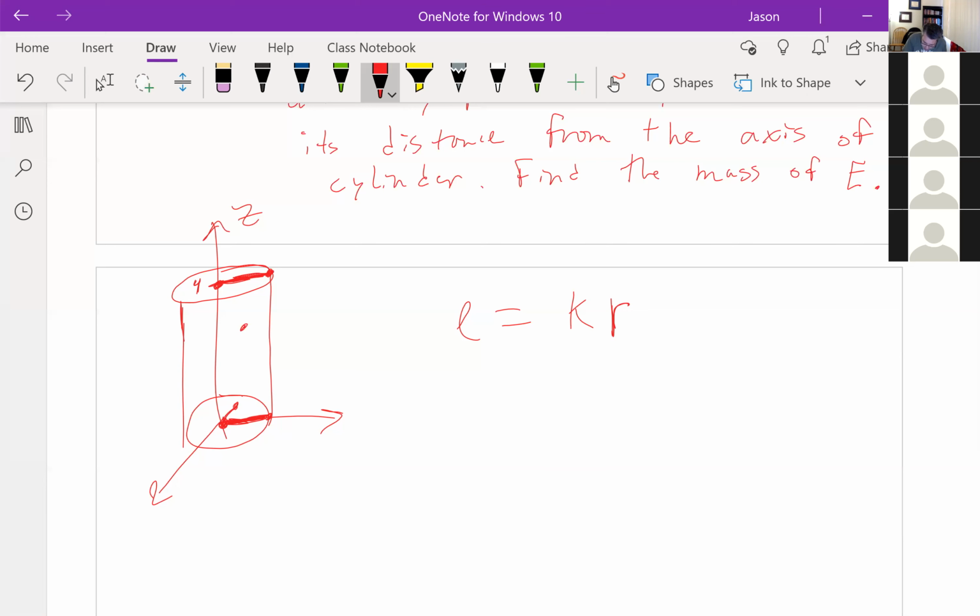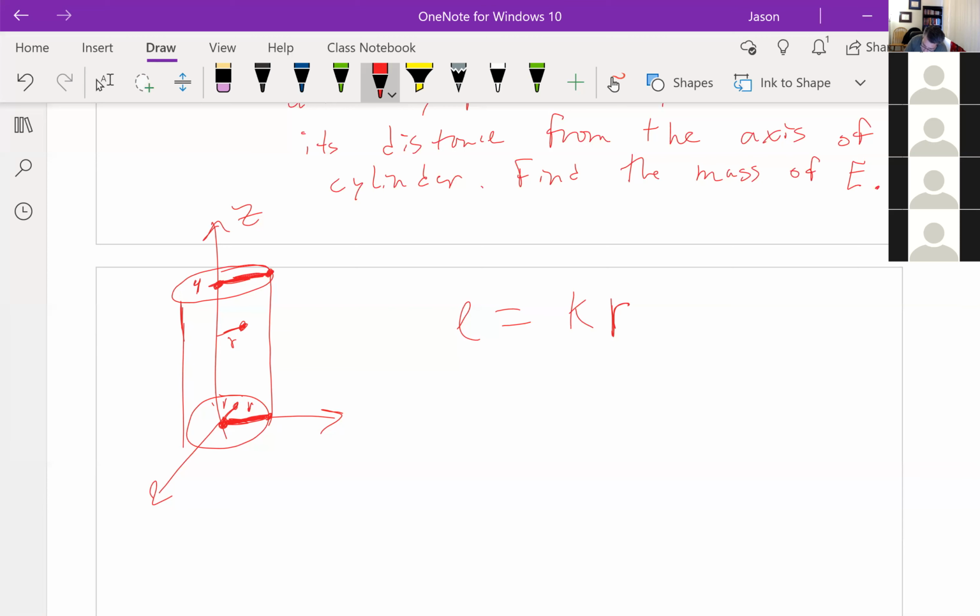Even if we were up here, it would still be how far we are from the axis of the cylinder, right? So r. Okay, so that's what rho is. Rho is k r.